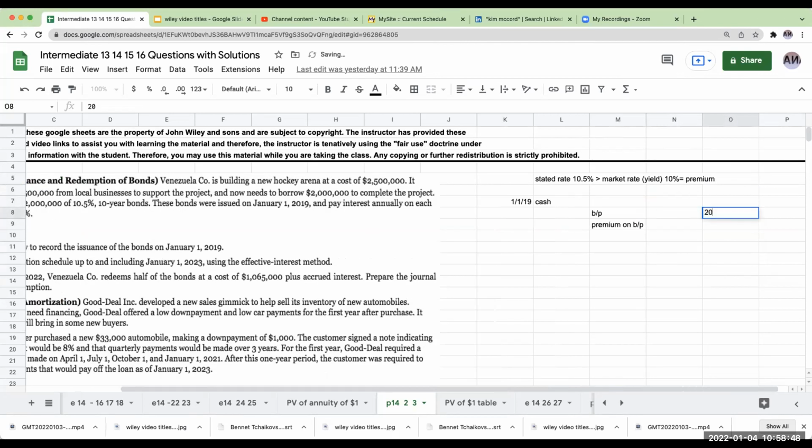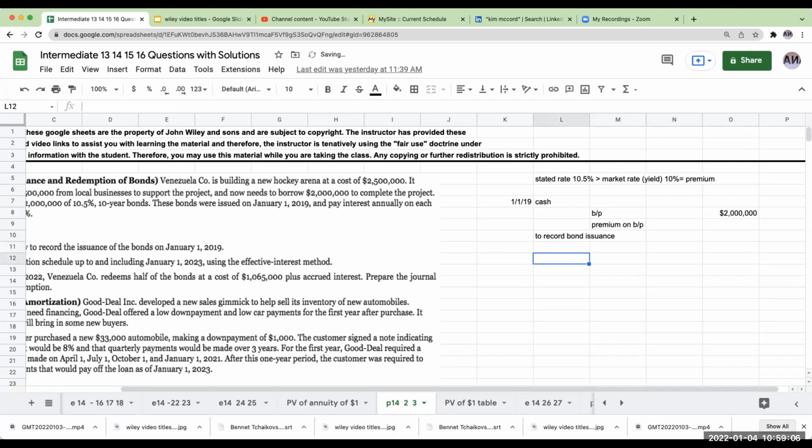So my bond payable amount is $2 million. Now we have to figure out what's the amount of the cash proceeds that I receive. Then the difference is going to be the premium on bonds payable.